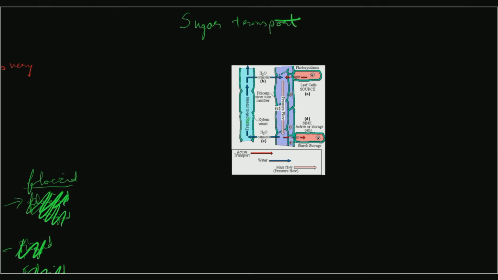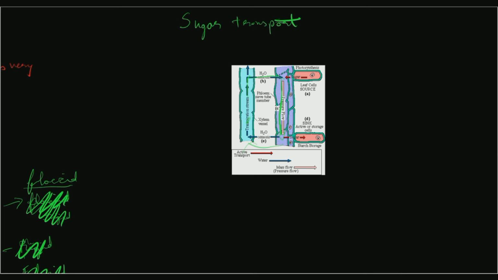What's going to happen is this water, through osmosis, is going to diffuse across this membrane, push down the sugar, and then come back. It's going to keep doing that until all the sugar is gone.